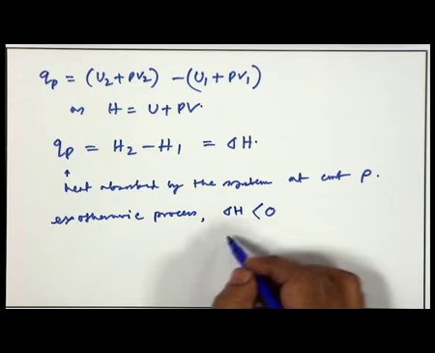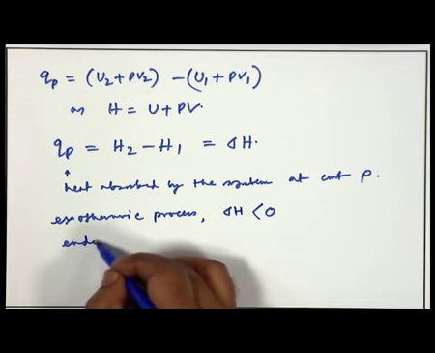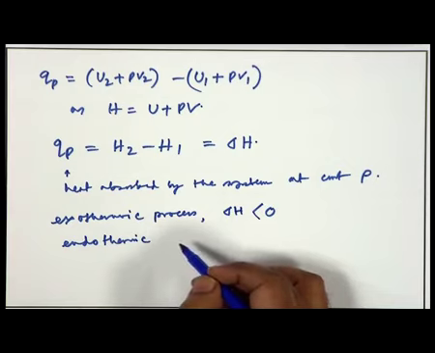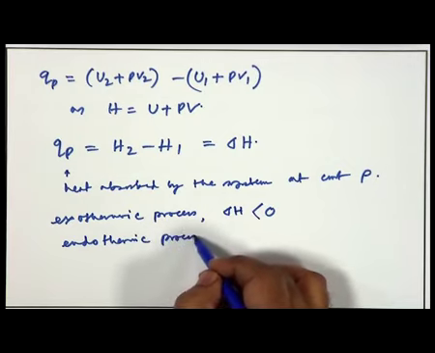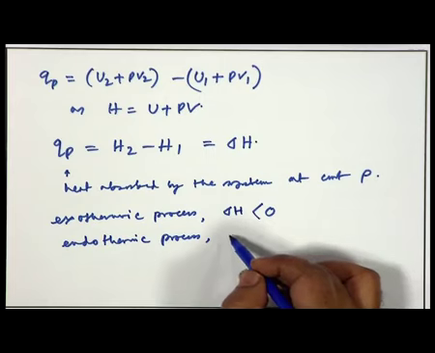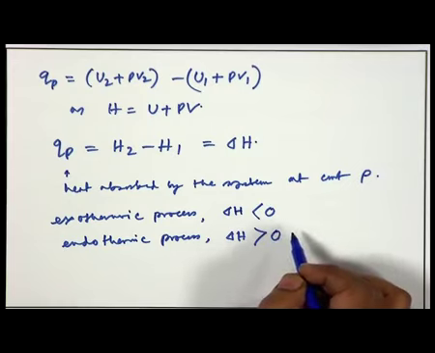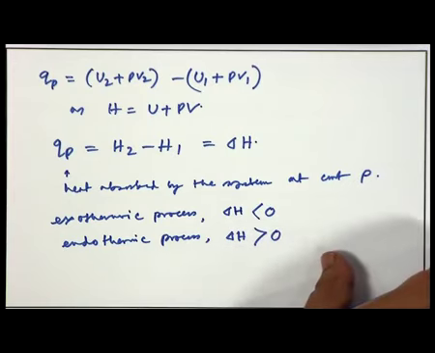So, delta H is negative for an exothermic process. For an endothermic process, heat comes into the system from the surroundings, and in this case delta H is positive, greater than 0.